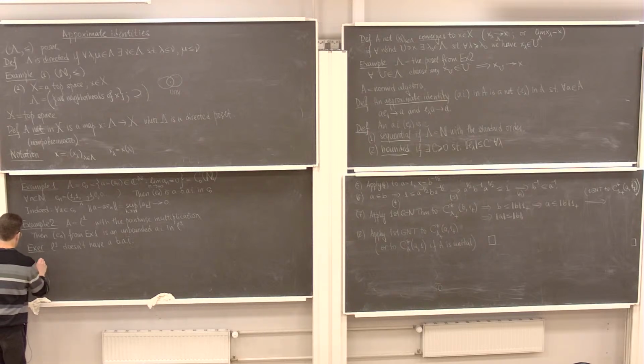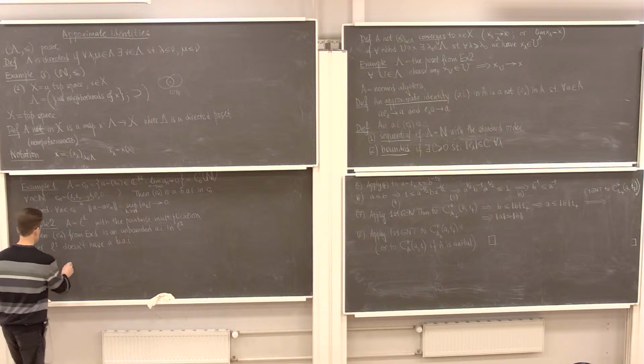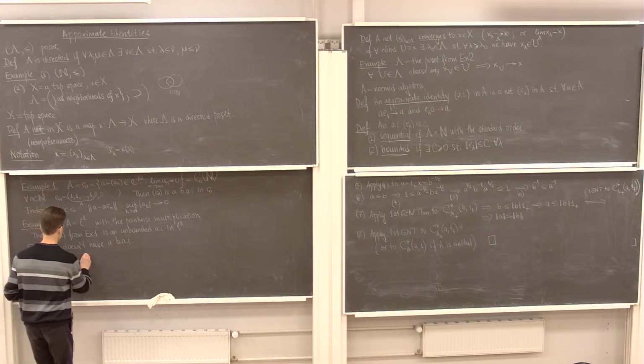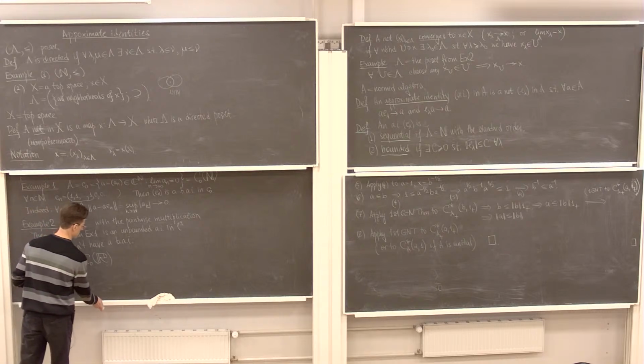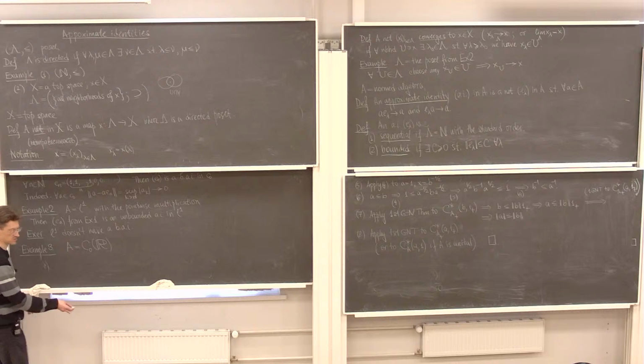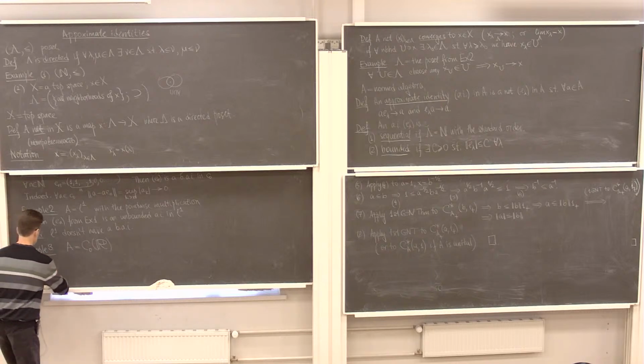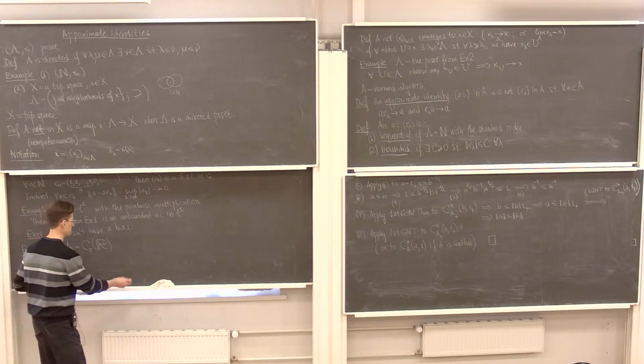Example 3 is a natural continuous analog of example 1. Let's take the algebra of continuous functions vanishing at infinity on the real line. Again, it's clear that this algebra is not unital, but it's rather easy to construct a bounded approximate identity here. Namely, let me just draw a picture.